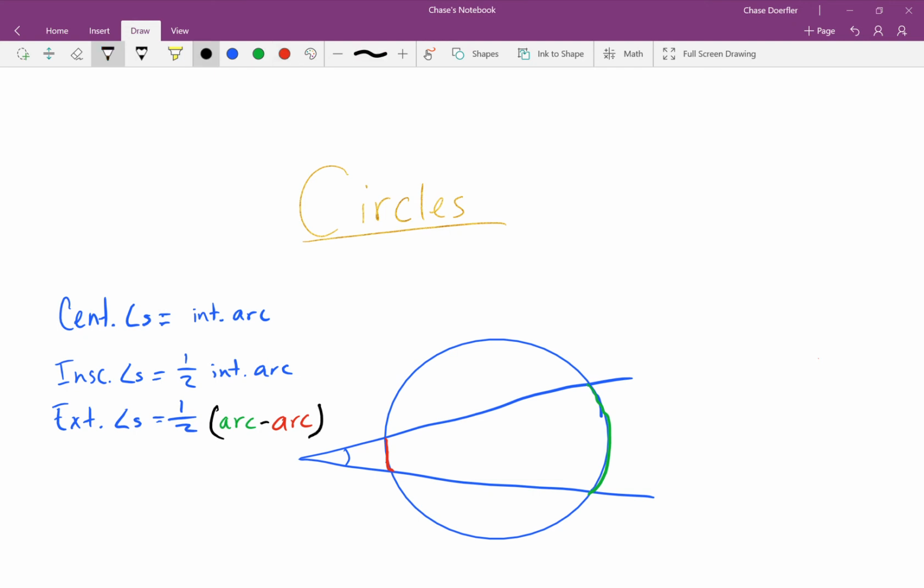And the color coding will basically be showing you which one it's corresponding to. And this will be the end of circles, and I will see you in the next video.